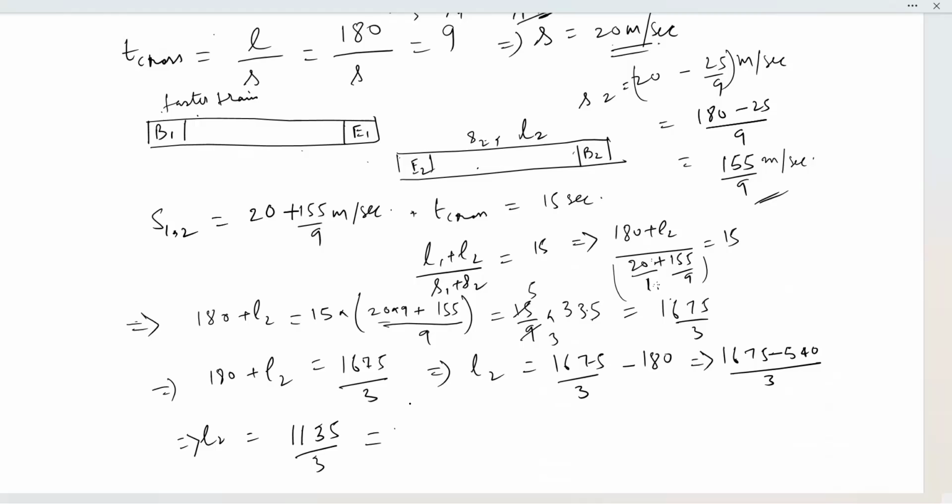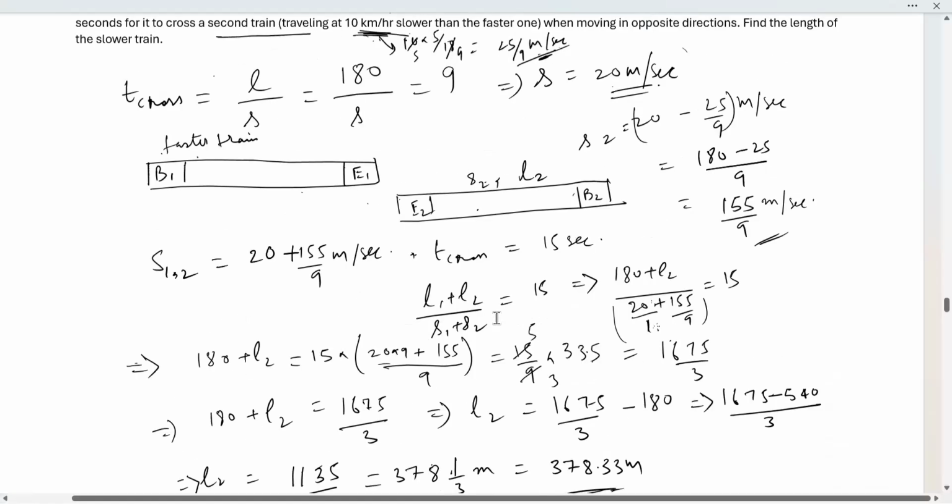So this is 378 1 by 3 meters, or 378.33. This calculation you can do, verify also, it is the same. Basically, the concept should be clear.